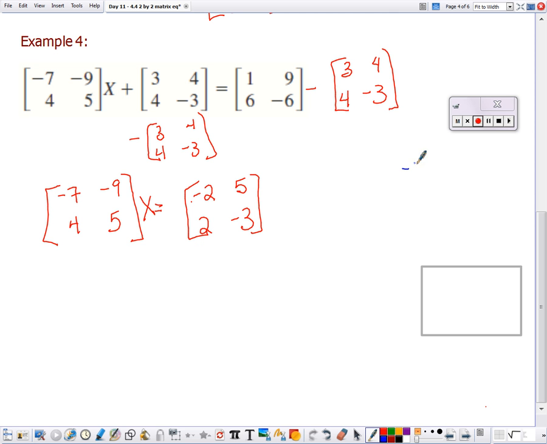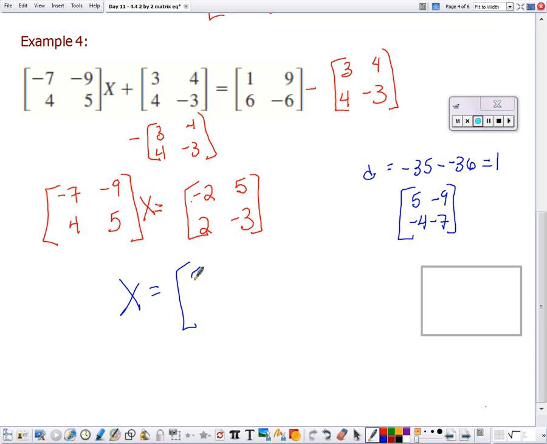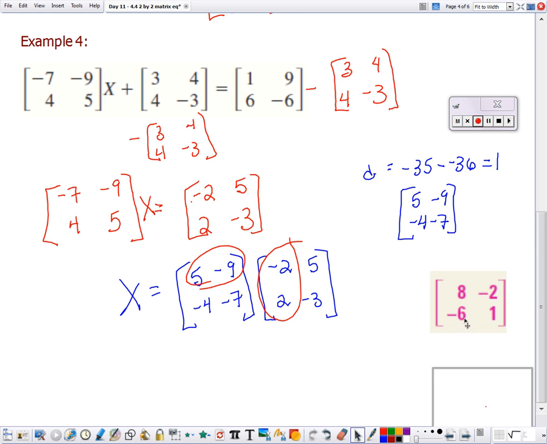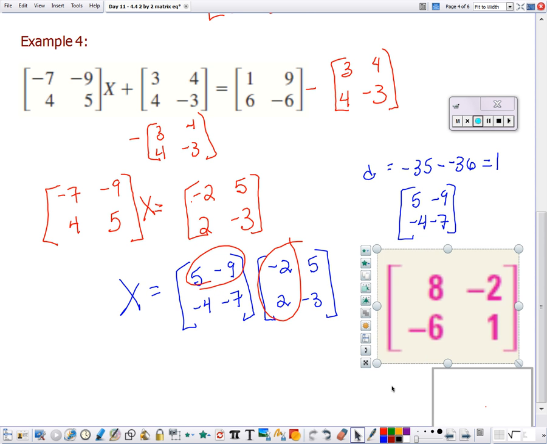So here we have negative 35 minus negative 36 for my determinant. That's 1. So my inverse, switch the first column, make the other negative. So when I go to multiply to solve this, I need my inverse first. And then the other piece. And to multiply, row by column, your answer should be this one here in red.